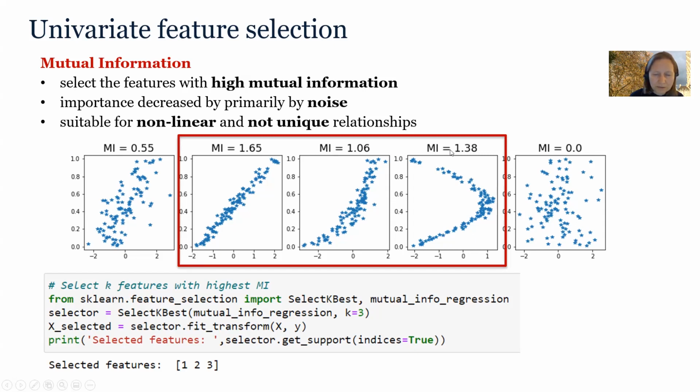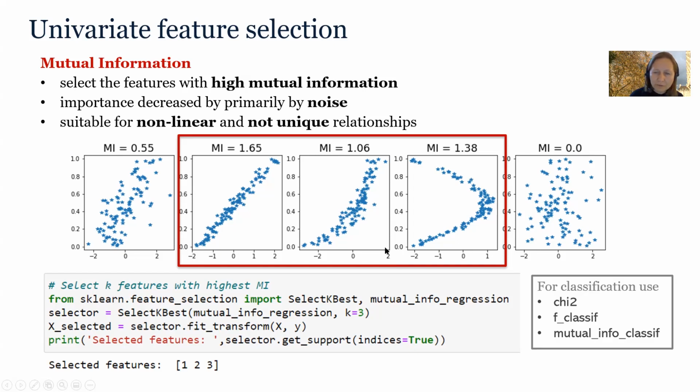So you see that this is different. This highly nonlinear feature got selected because it has low noise, instead of the noisy linear feature. So far I showed you scoring functions for regression, but there are versions for classification as well. There is a chi-square test, there is an F-value for classification, and mutual information for classification as well.